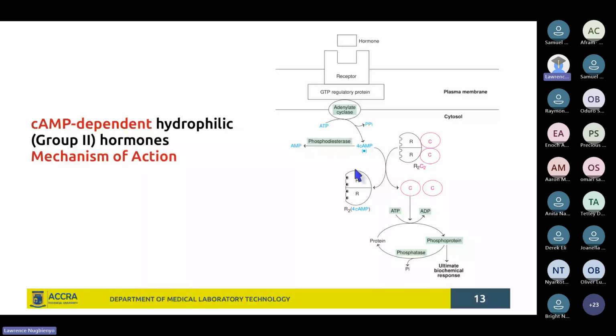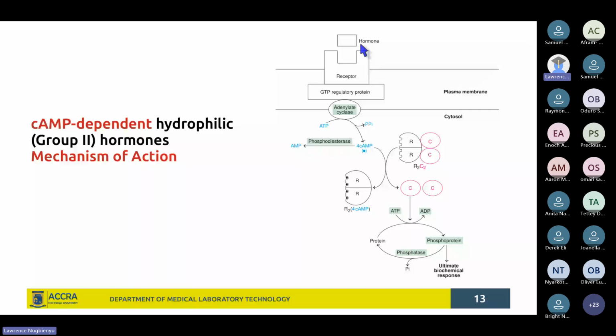We see here again the plasma membrane. Keep in mind that it is still a hydrophilic hormone, and so that hydrophilic hormone cannot penetrate through the plasma membrane. So it will bind on a receptor, which is a transmembrane protein embedded in the plasma membrane. The hormone from the top interacts with the receptor.